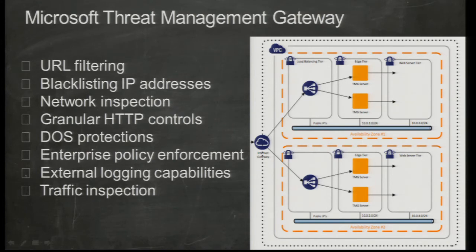TMG adds a lot of value in this system, and we have a lot of patterns that use both Amazon native services, like the Elastic Load Balancer, in combination with Microsoft native services, like Threat Management Gateway, to provide load distribution as well as load inspection to ensure that you've built a very secure system. TMG adds this whole list of behavioral features, very important systems to ensure that not only are you defended at the Amazon layer by Amazon native protections at the network tier, but you're also protected for the traffic that comes in and that you do allow to come through our security groups and into your applications.